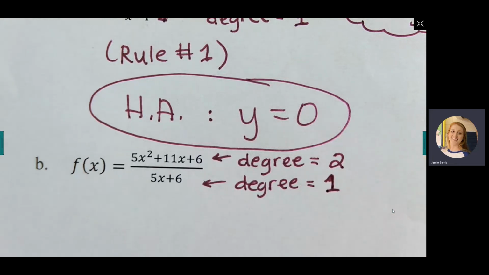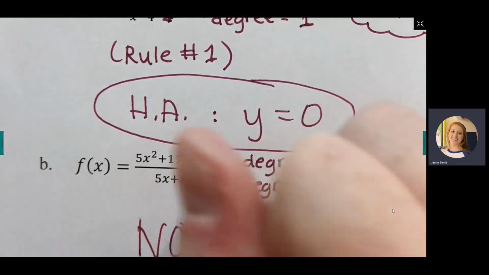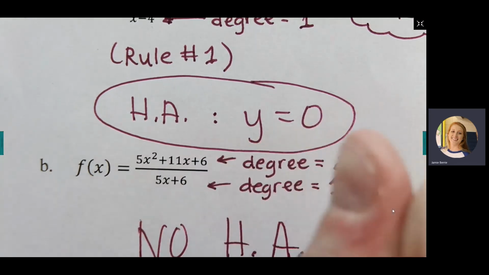Okay, so let's look at our rules. Rule number 1 for horizontal asymptotes was degree of the numerator is less than degree of the denominator. Is that the case here? No. The second rule for horizontal asymptotes is if the degrees are equal. So these degrees are not equal. The top is not less than the bottom, so that means there's no horizontal asymptote here.